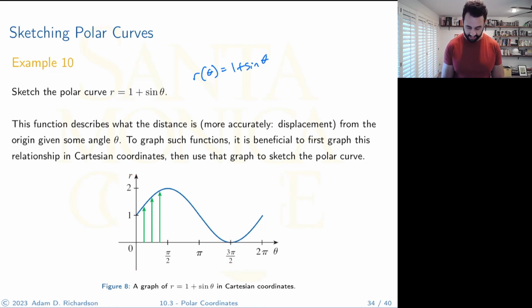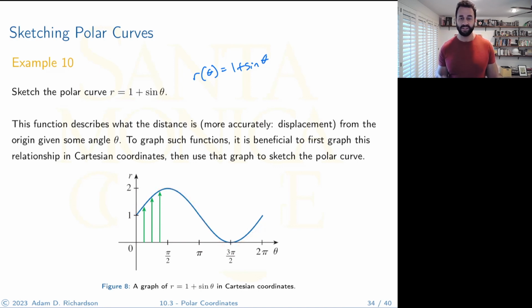So all I did here was graph the function 1 plus sine theta. You had to do this a whole bunch in trigonometry. This is why hopefully your instructor emphasized it, because now you have to be able to graph these trig functions with relative ease. So this is the graph of 1 plus sine theta.